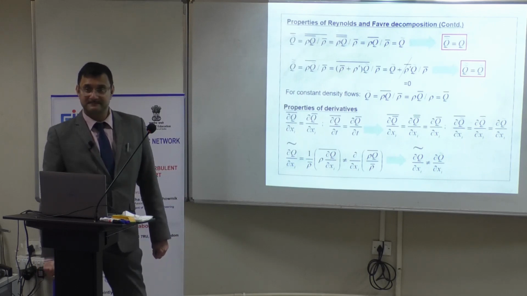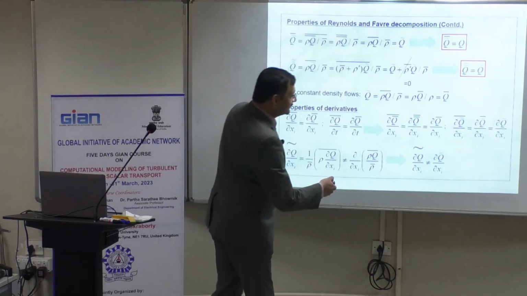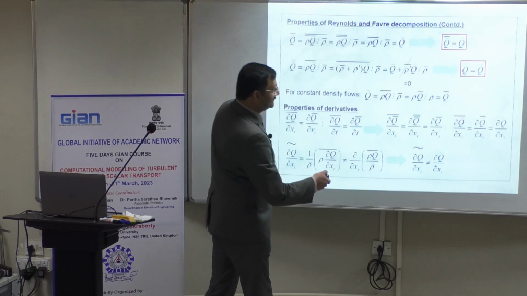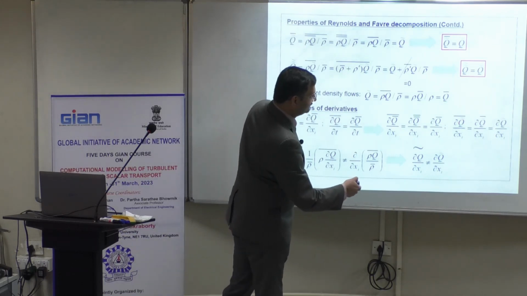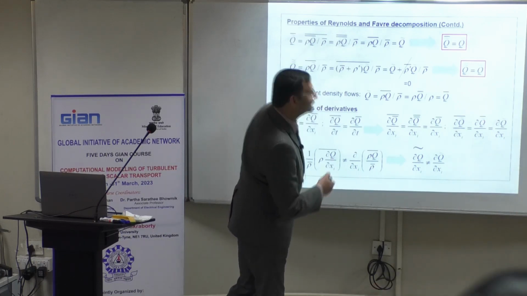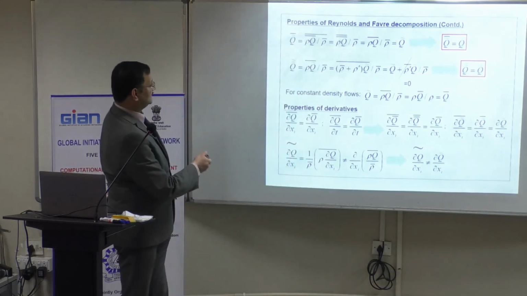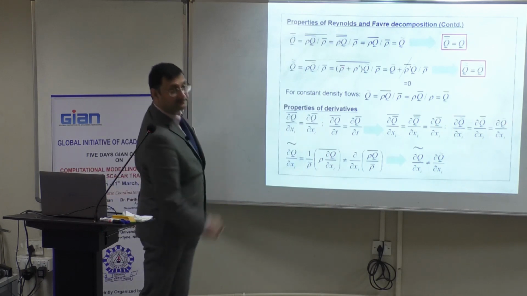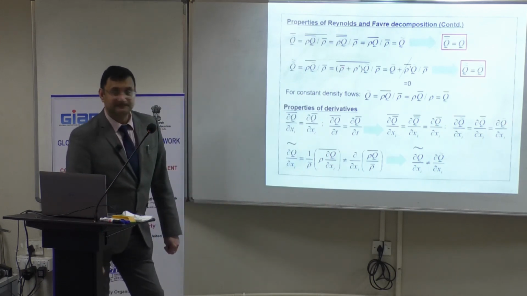Clear? By the same token, this essentially means del x of mean of Favre mean, which we already showed is going to be the same as this one. Clear?